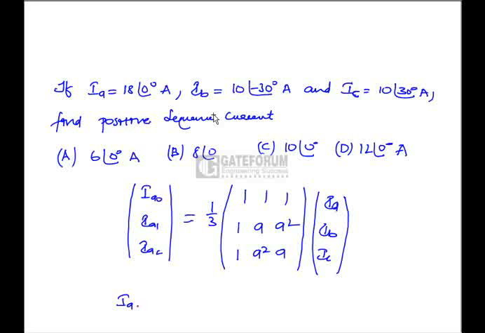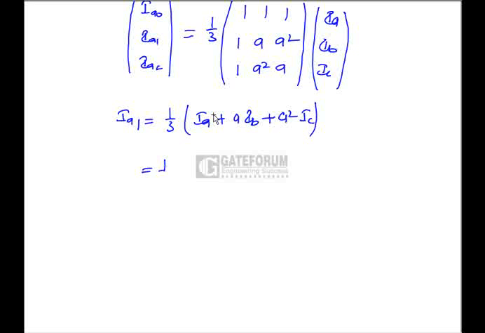From this, the positive sequence current IA1 is equal to 1 by 3 times of IA plus a times IB plus a square times IC. Now substitute these values. IA he has given as 18 at an angle 0.